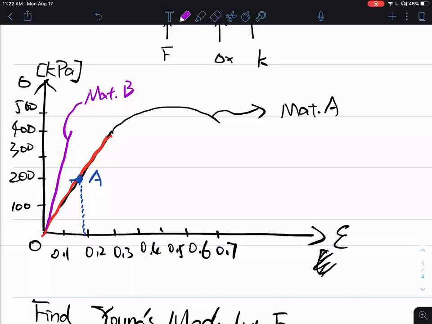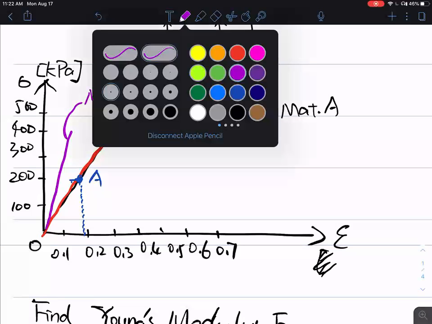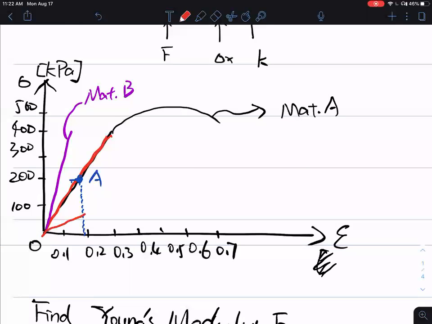What if we have a soft material? It has a much softer slope. Let's call it material C. So that linear region tells you the stiffness of a material.